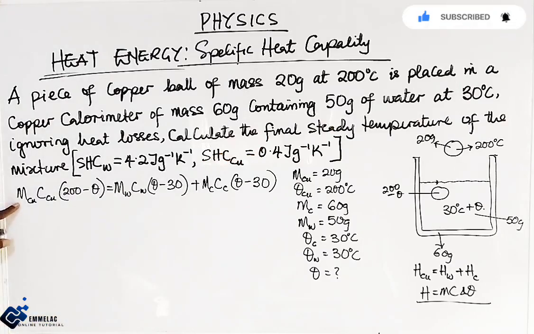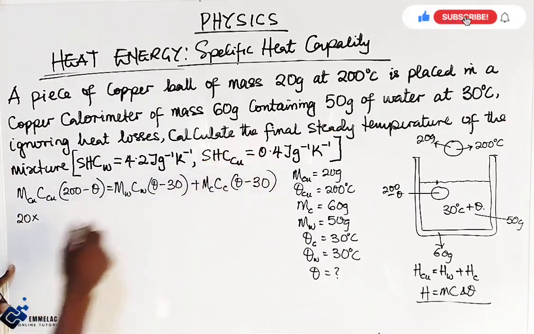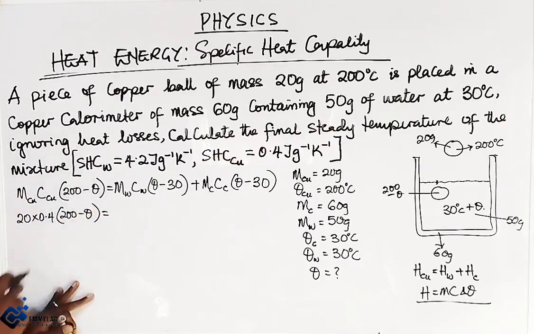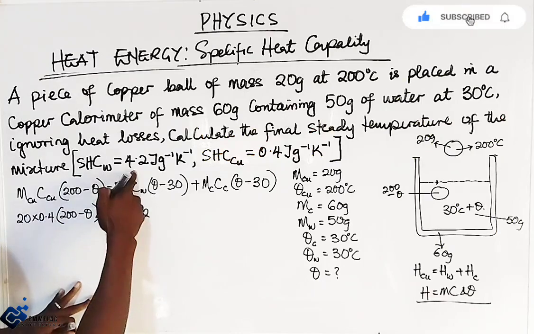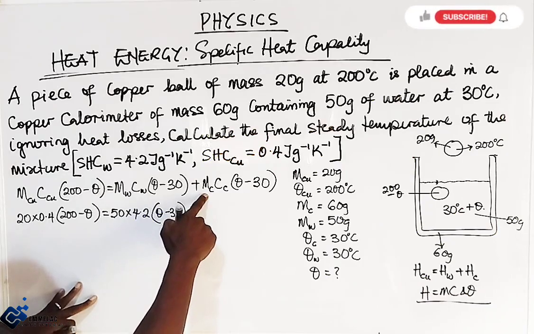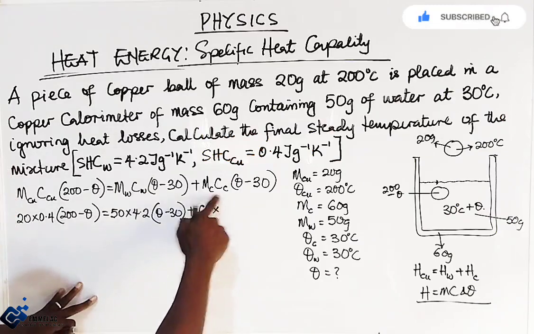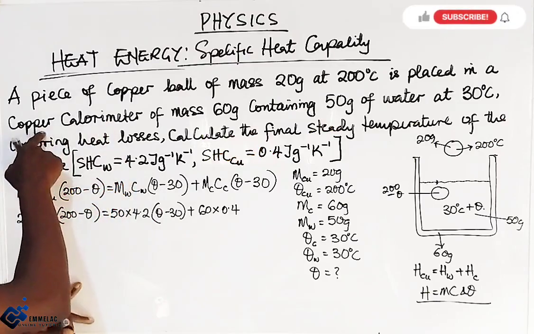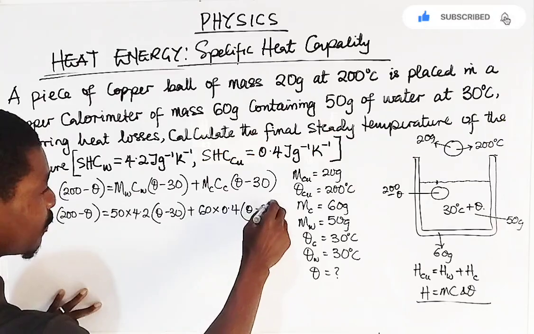For the mass of copper, which is 20, that will be 20 times the specific heat capacity of copper, 0.4, times 200 minus the final temperature, equals the mass of water, 50, times 4.2 as it is given, times theta minus 30, plus for the copper calorimeter, the mass is 60, times 0.4, since the calorimeter is made of copper, so it has the same specific heat capacity as the copper ball, times theta minus 30.